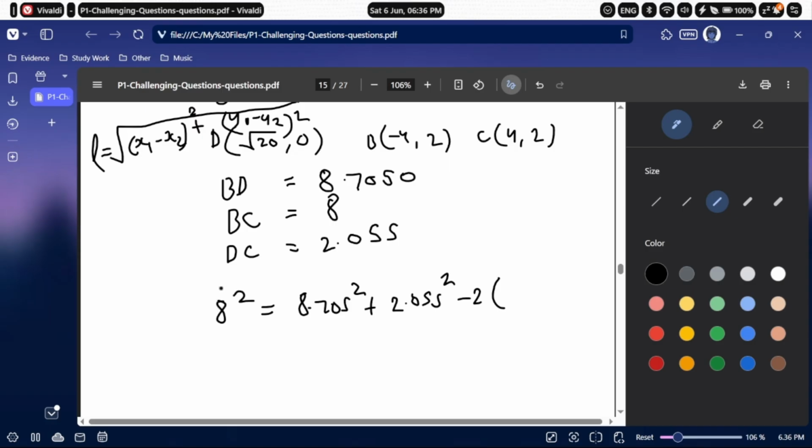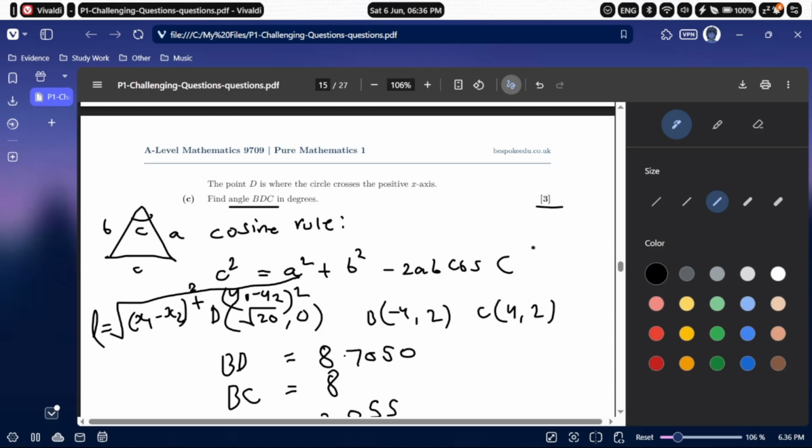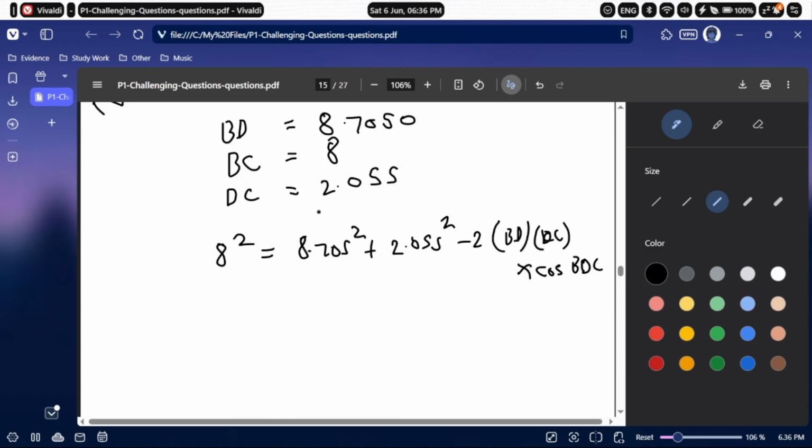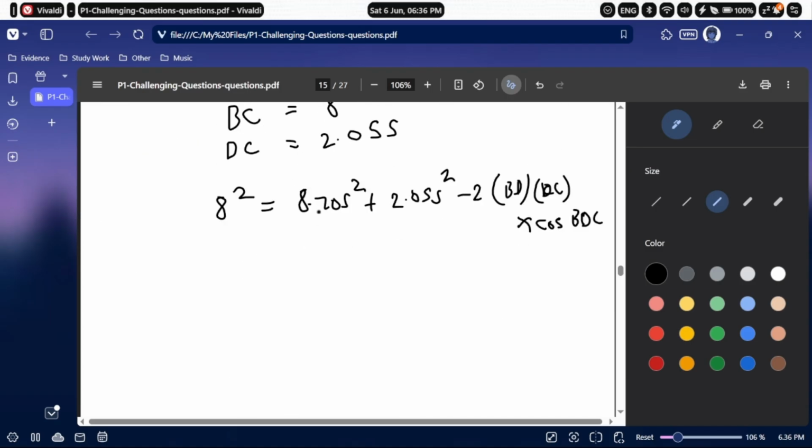So this was BC, right? So BD, DC, that times cosine BDC. Let me just do the rest in my calculator and get the final answer. Also keep in mind that your final answer must be in degrees.